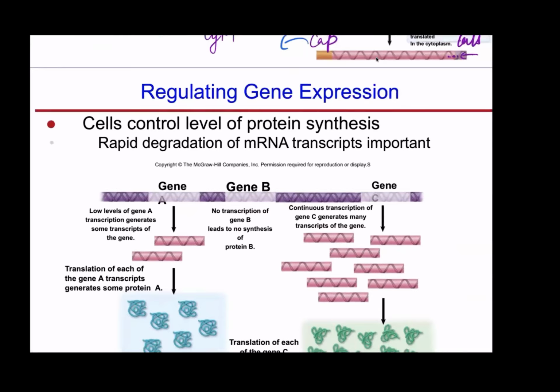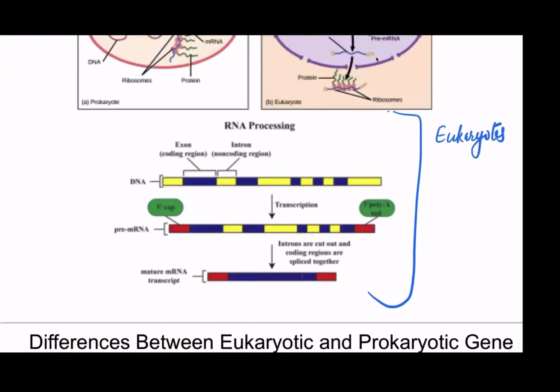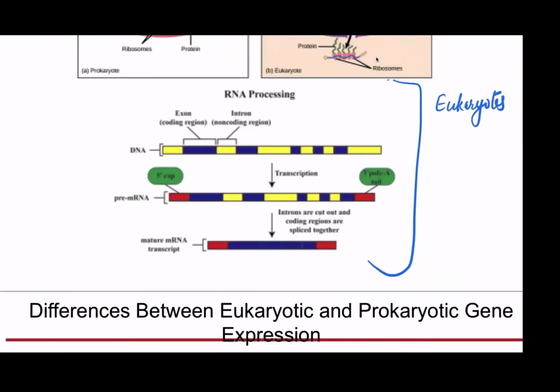So that's the processing which happens in eukaryotes, not in prokaryotes, because they don't have introns. Everything is in the exon form. It's going to code for something. And this is another slide. You can see the yellow regions have been removed and the blue regions have come together as the coding part of the protein.